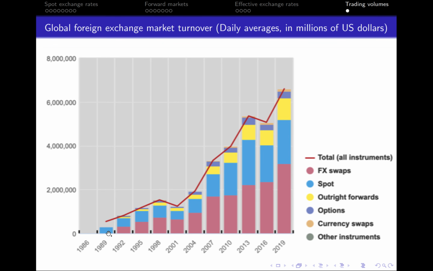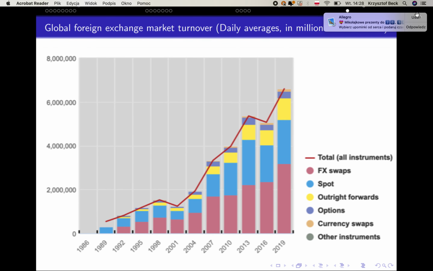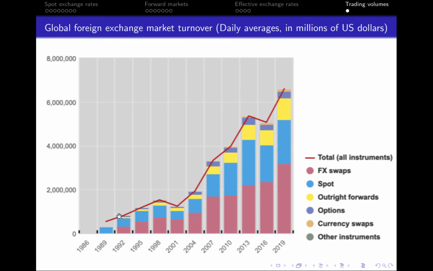Okay, another important feature of that graph is, let's start with total, all instruments. Look, what we see over here is that the volume of trade in all instruments has been rising extremely fast over the last 30 years since it actually started being calculated. And look, now let's look at the proportion.